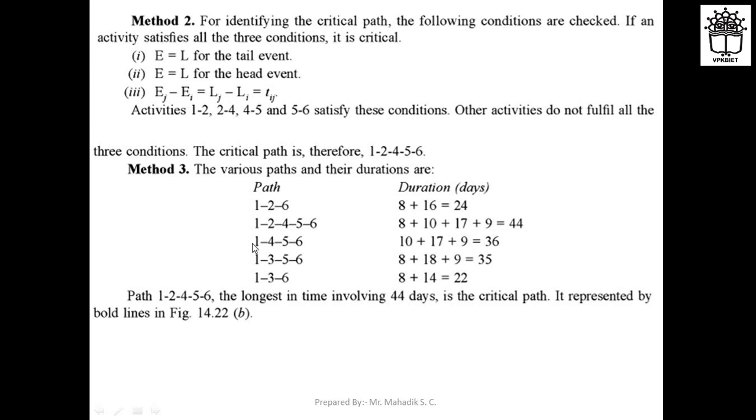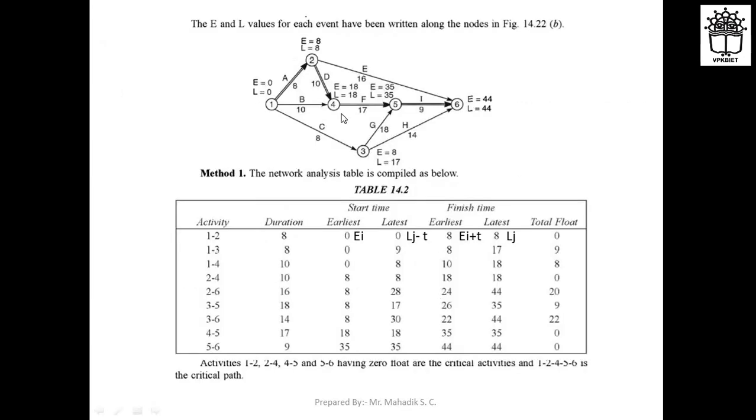Then for the other paths, 1, 4, 5, 6 and 1, 3, 5, 6, you can check that and just take the maximum, the longest. It will obviously be critical. So path 1, 2, 4, 5, 6 is the longest in time, involving 44 days. It is the critical path, and it is represented by a bold line. So in this case there is no need to calculate the latest and earliest start and finish times.